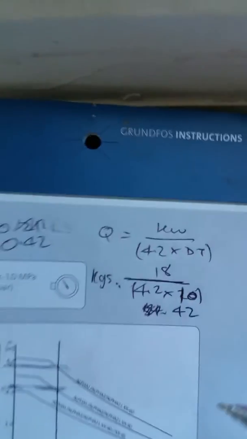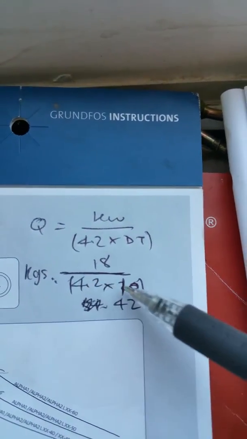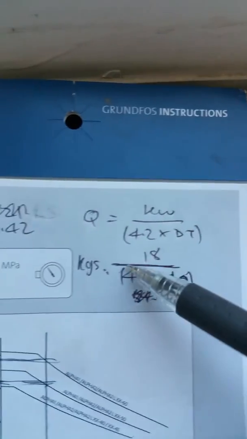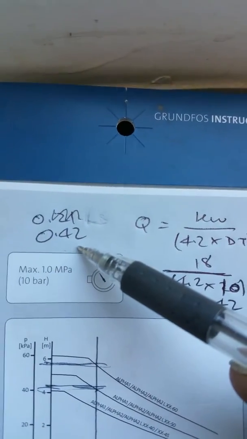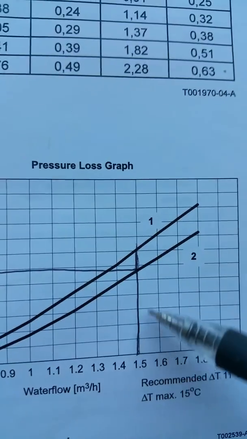I worked out my mass flow rate, and the calculation is here. They're saying they want delta T 11. I've actually used 10. It's come up with a flow rate of 0.42 litres per second. Converted that to cubic meters, 1.5.